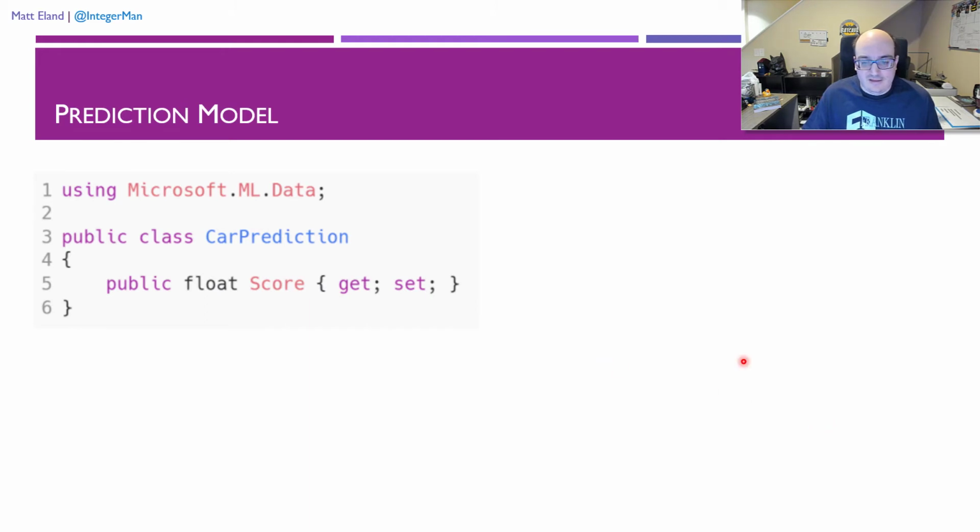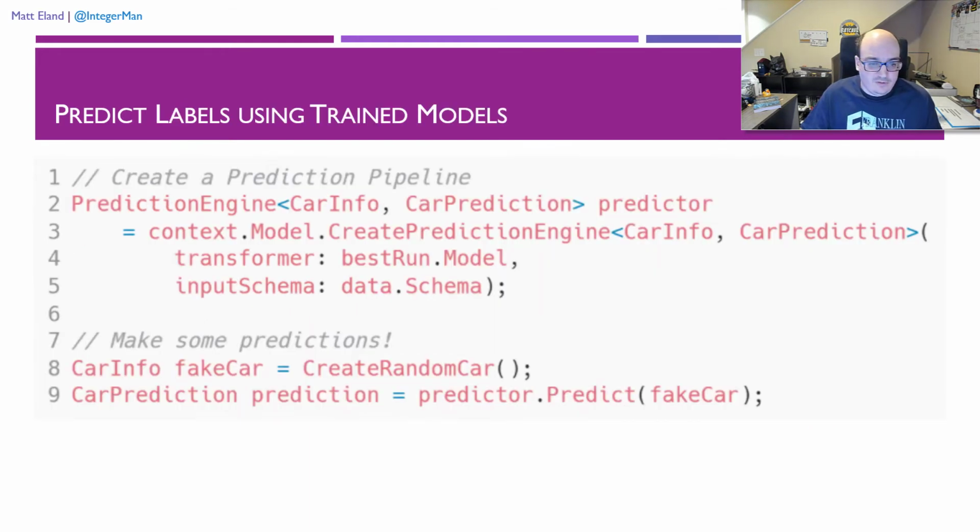But with that class, we can then create a prediction engine. This prediction engine is going to take a car info, which is information about a car we've never seen before, and it's going to spit out a car prediction. This prediction engine, predictor, is going to be equal to whatever we just create. We're going to call context model create prediction engine, and then we're going to tell it the transformer. Remember, transformer is a model.